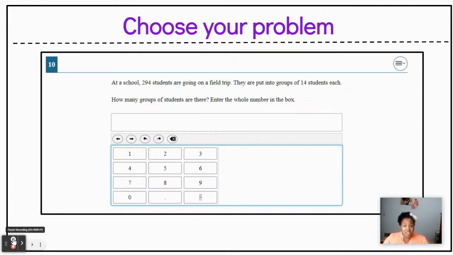I highly suggest that you make sure you use some data such as an adaptive technology or a pretest or a diagnostic test to choose the standards that you want your students to review.